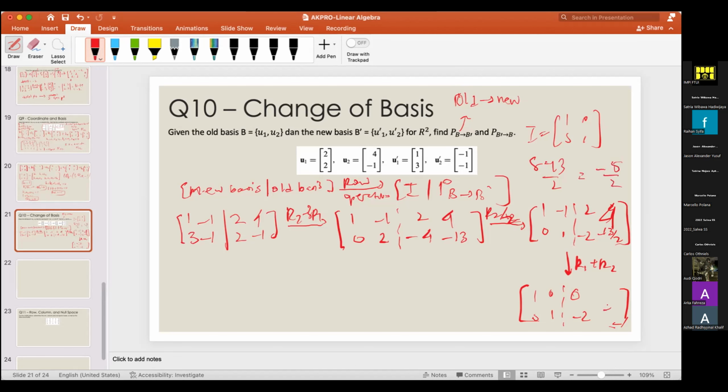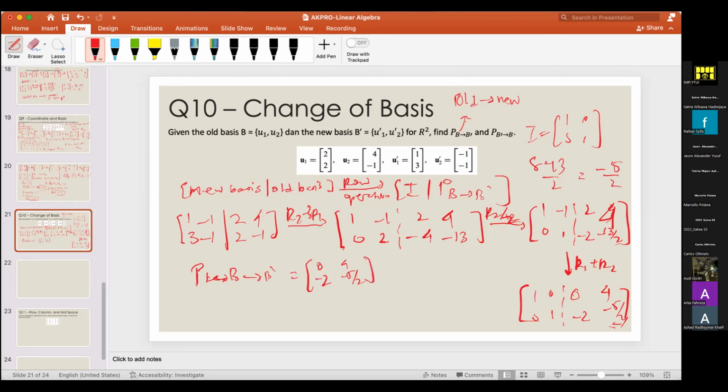So this is negative 5 over 2. This is 4. And so your B to B accent is equivalent to 0, negative 2, 4, negative 5 over 2.